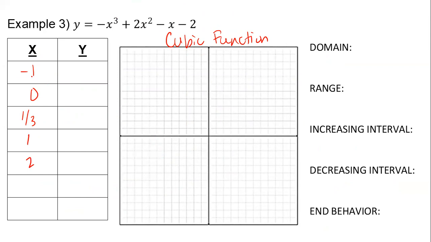All right, so we have -1. If I plug -1 in here, what do I get? -1 to the third is negative, so I end up with a 1 plus 2 plus 1 minus 2.